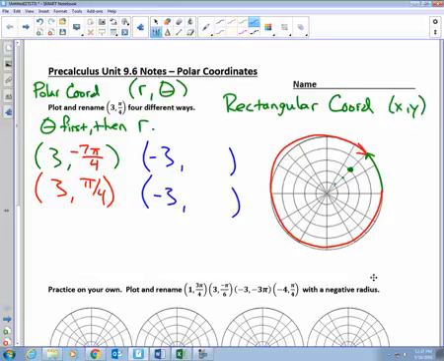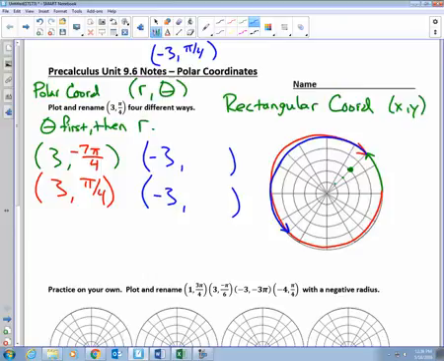So for example, if I had negative 3, pi over 4, instead of moving 3 units in the pi over 4 direction, I would move 3 units in the opposite direction. So instead of arriving at this pi over 4 position, I would like to arrive at this position and then move in the opposite direction.